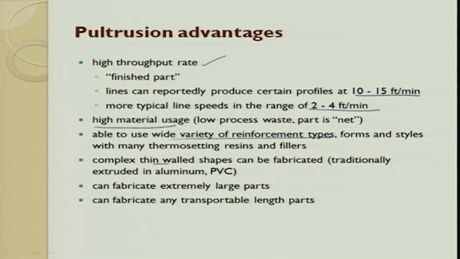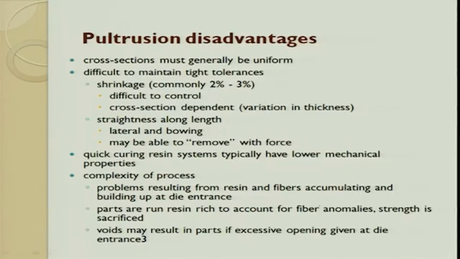Commonly thin-walled shapes can be fabricated, extremely large parts can be fabricated, and transportable-length parts can also be made by the pultrusion process. Shrinkage is commonly only 2 to 3%, and the straightness along the length, the lateral bowing, can to a large extent be controlled because of the reinforcement present. So, this can be taken for heavy things.